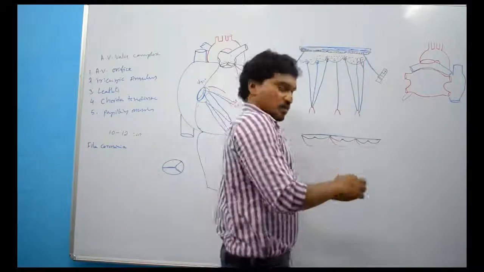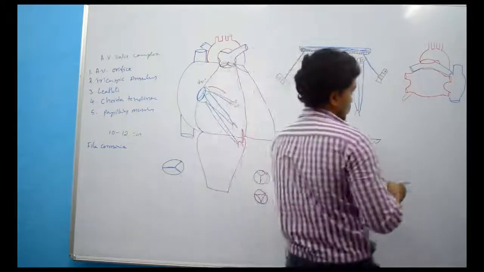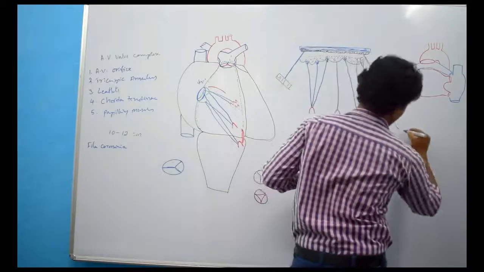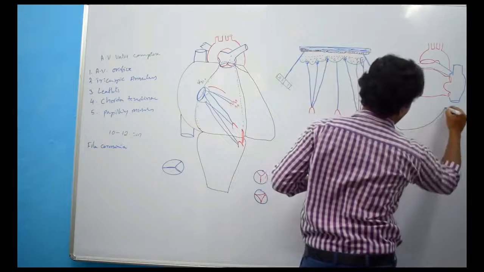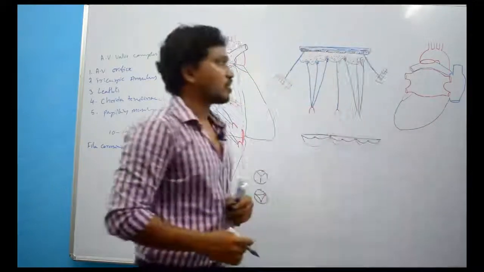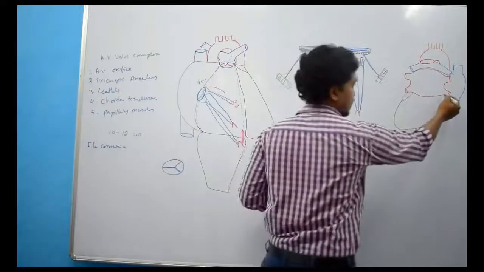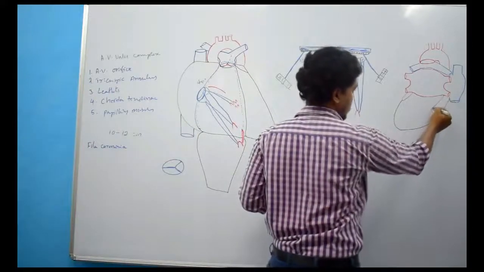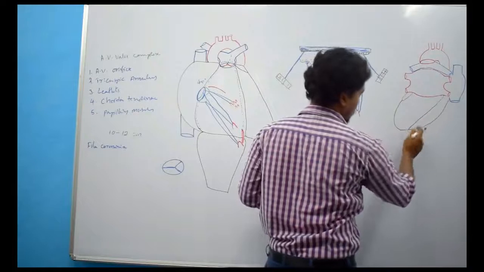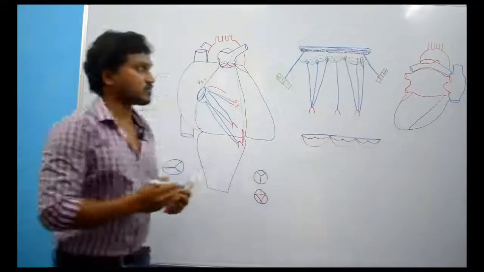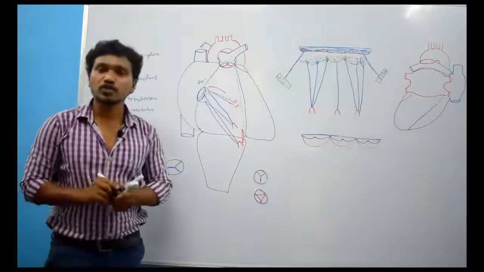Then this is the posterior view of the heart. You can see one sulcus here. What is the sulcus? Posterior interventricular sulcus, and this is the incisura apicis cordis. So that is the posterior view of the heart.